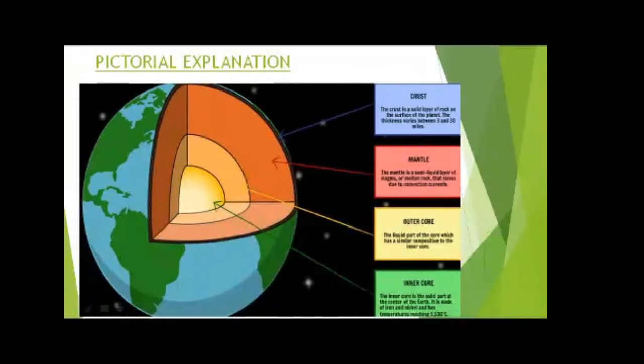We learn about convection currents in our text. Outer core, the liquid part of the core, has a similar composition to the inner core. That means the inner core and the outer core both have a similar composition. The inner core is a solid part at the center of the Earth. It is made up of iron and nickel and has a temperature reaching 5,500 Celsius.